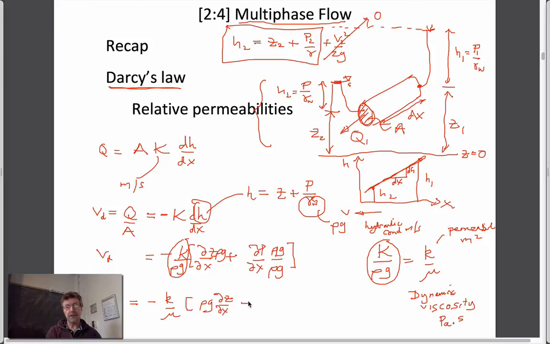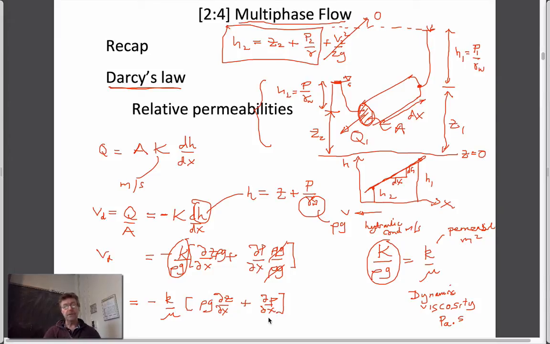Sounds a bit esoteric. And in this side, these two things cross out. And this is change in pressure with length. And so that's Darcy's law now written in pressures.